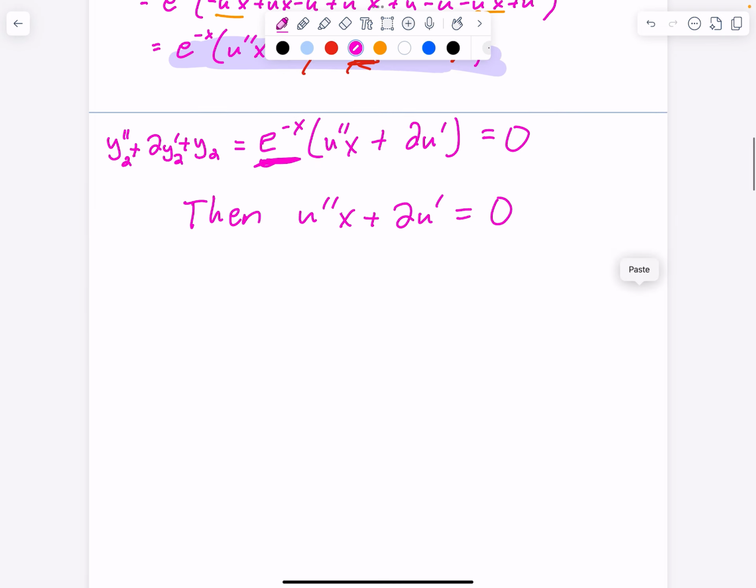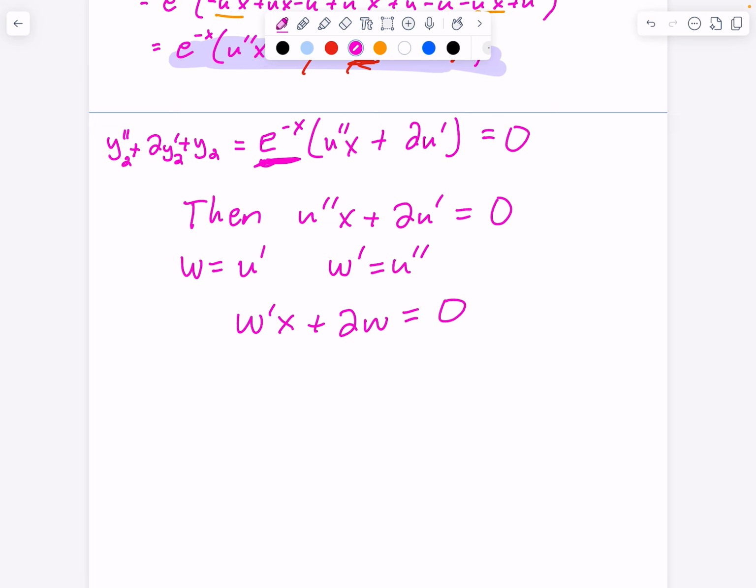Notice that this is a pretty simple second order differential equation. So I'm going to let w be u prime, and I'm going to let w prime be u double prime. If I make this replacement, I get w prime x plus 2w equals 0. Well, if I move this around a bit, you can see that this is a first order linear equation.